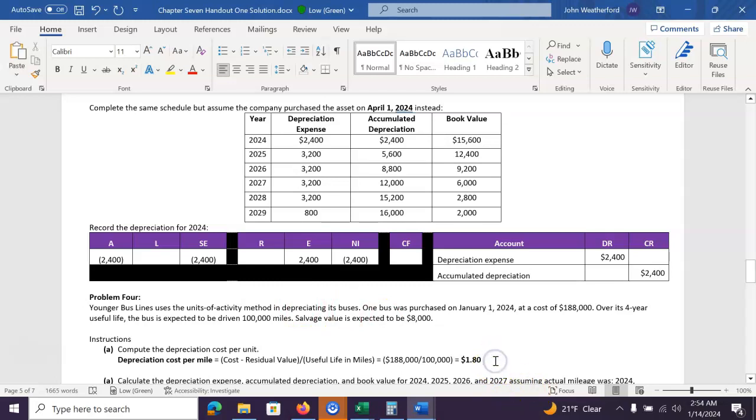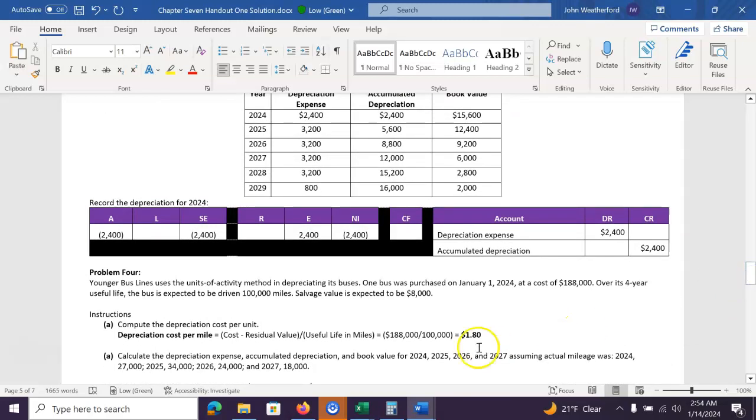So what we'll do now with that rate is each year we'll multiply the rate by the number of miles the bus was driven that year. And that's given here in the second part. They say actual mileage in 2024 was 27,000 miles. So in 2024, to get depreciation expense, we'll say $1.80 per mile times those 27,000 miles.